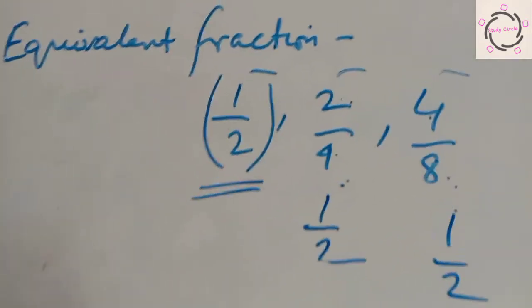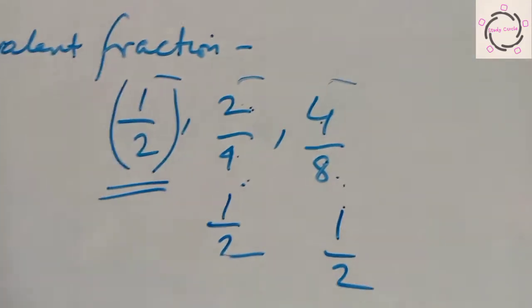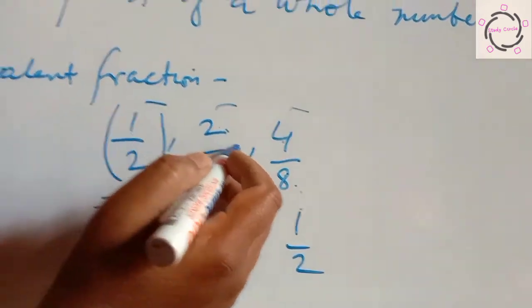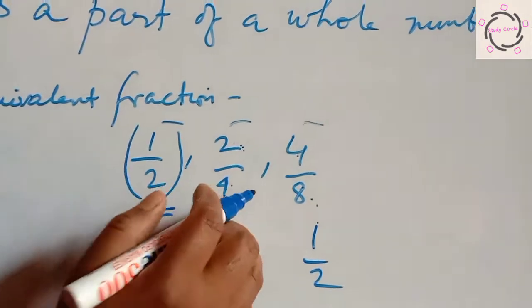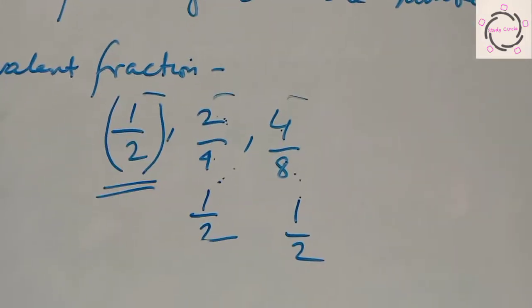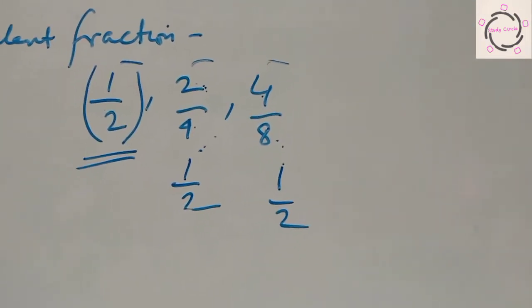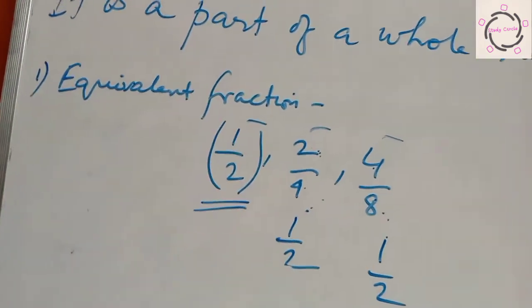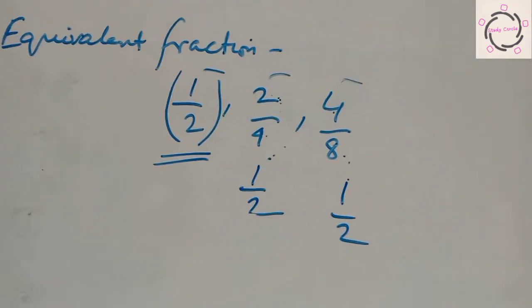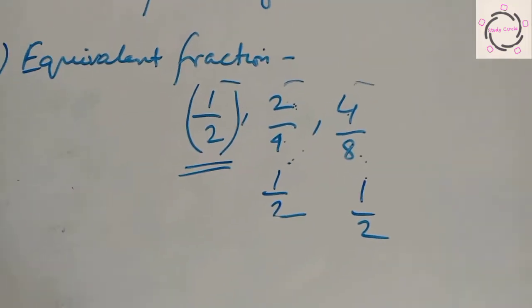I have to divide by the same number. Here I am dividing the numerator by 2 and the denominator by 2, so it comes to half. This is called the equivalent fraction, where we divide the numerator and denominator by a common factor.